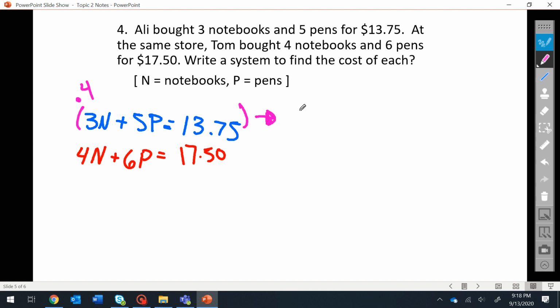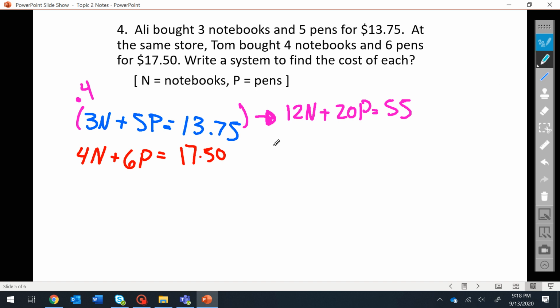And that will make the first equation 12n plus 20p equals, and I probably should have my calculator out for this one. So I have 13.75 times 4, and that's 55. So this will be 55.